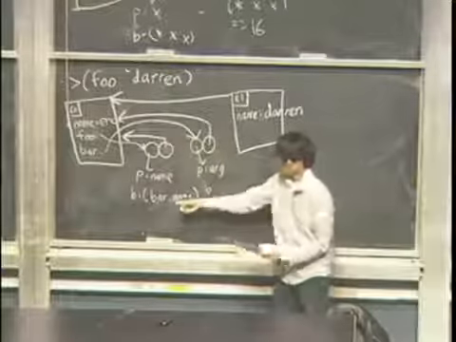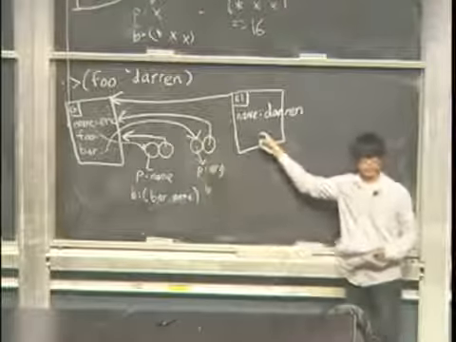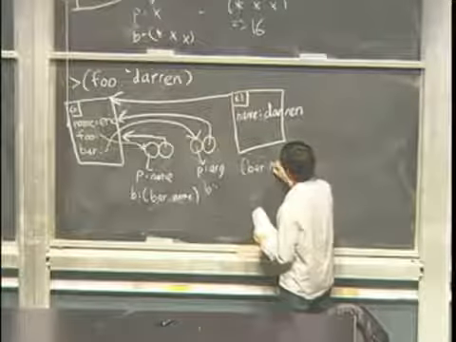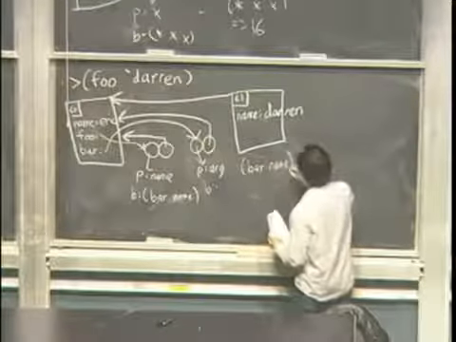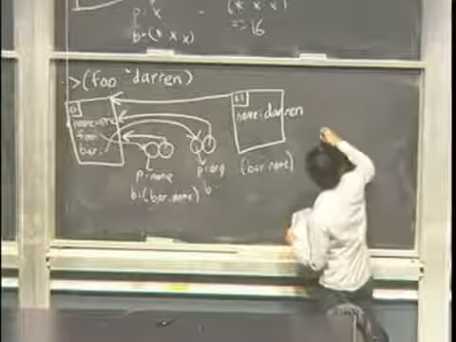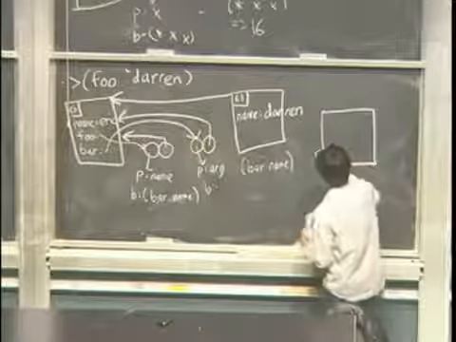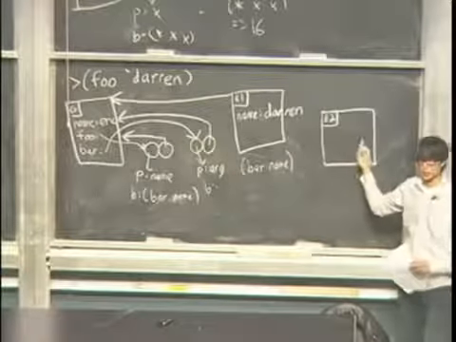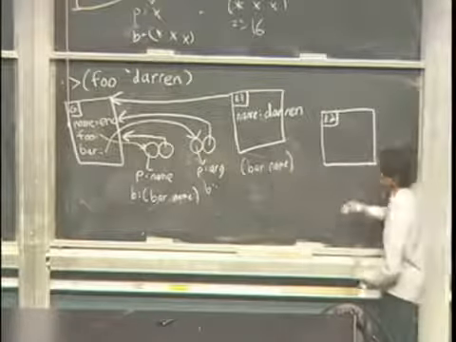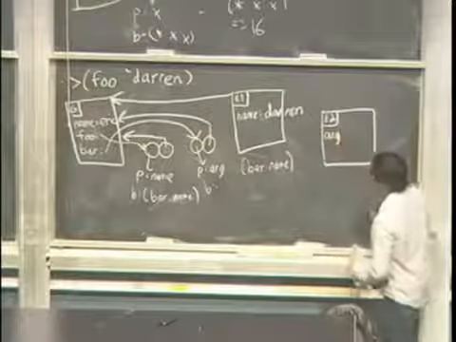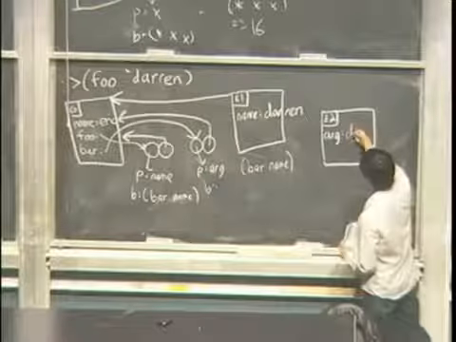But then we're going to call bar while we're inside this environment. I'll call this new environment E2. It's the environment created by invoking bar. Here, arg is also Darren.